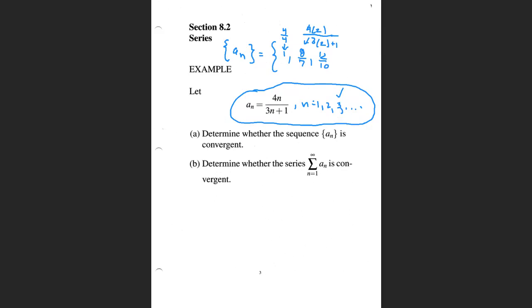So naturally, I'm just writing out terms of the sequence. The fourth term would be what? That's right. Good, Victoria. 16/13.